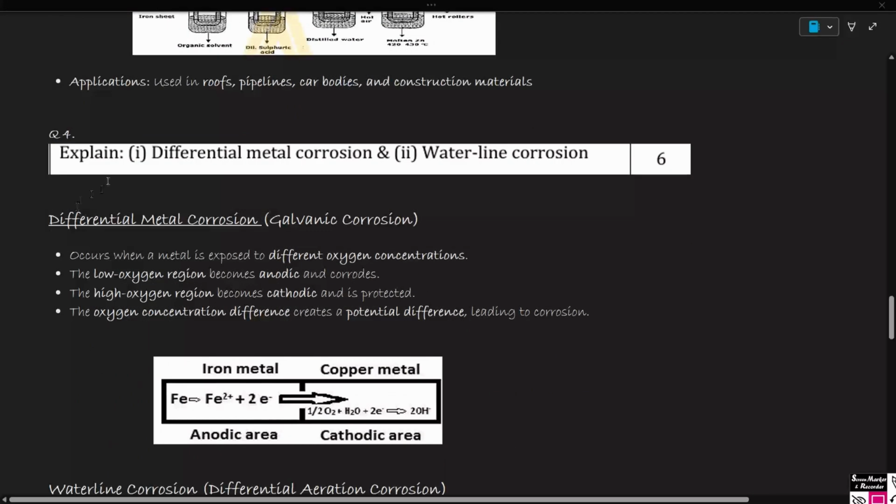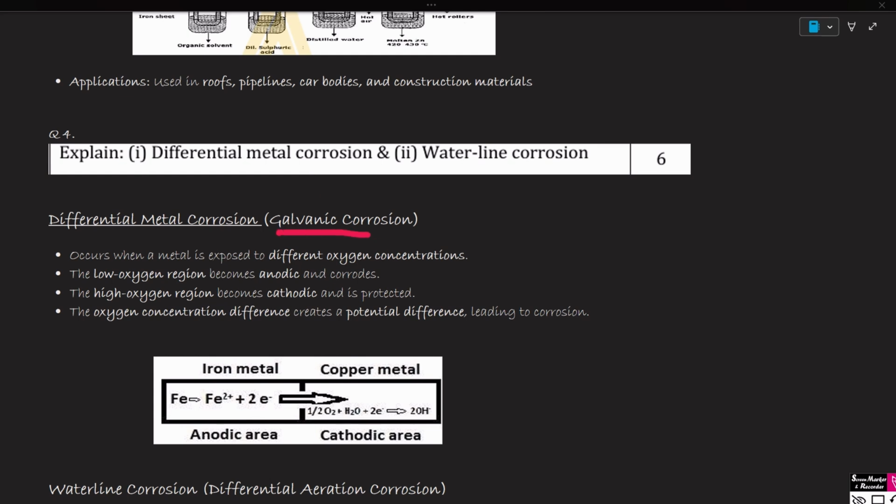Coming to the next question, we have: explain differential metal corrosion and waterline corrosion. Waterline corrosion is also known as differential aeration corrosion, and differential metal corrosion is known as galvanic corrosion. Differential metal corrosion occurs when metals are exposed to different oxygen concentrations. The metal exposed to a low oxygen area becomes anode, and we know that anode means the one which gets corroded.